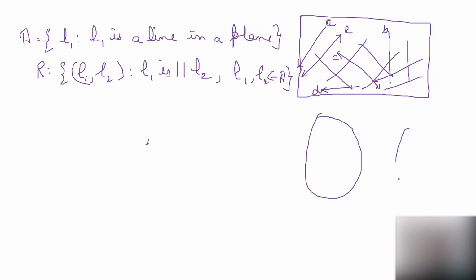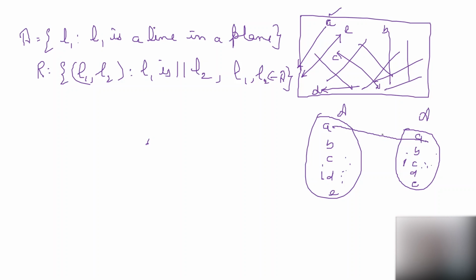With the help of a ray diagram, we'll try to understand A, B, C, D, E and many more lines, representing set A. Now what are the elements of relation R? Is line A parallel to line A? Is this line parallel to itself? A line is said to be parallel to itself. Yes, definitely.